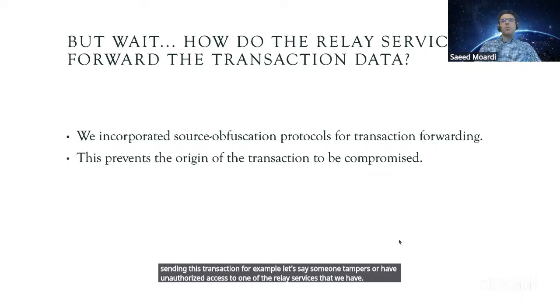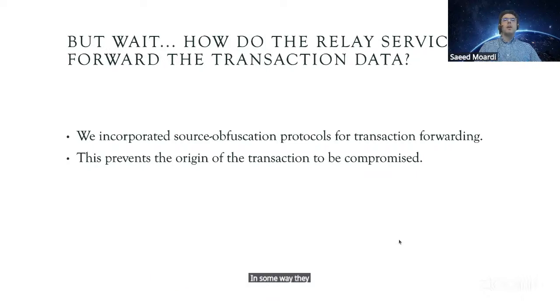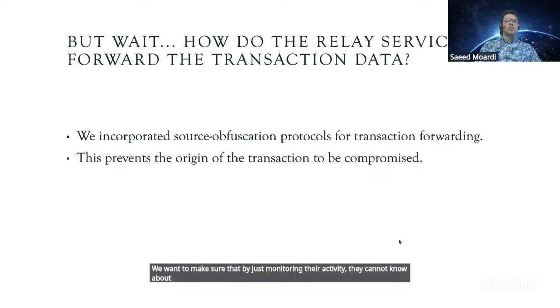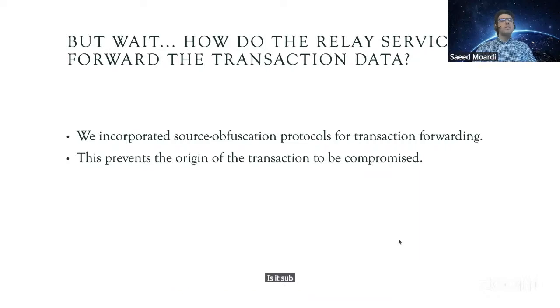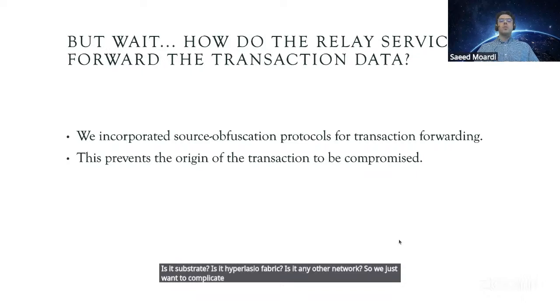In some way, they get their hands on the data or the activity of that relay service. We want to make sure that by just monitoring that activity, they cannot know the origin of the transaction. Is it Substrate? Is it Hyperledger Fabric? Is it any other network? So we just want to complicate the process of transaction forwarding for any malicious user, so they cannot know anything about the origin of the transaction.